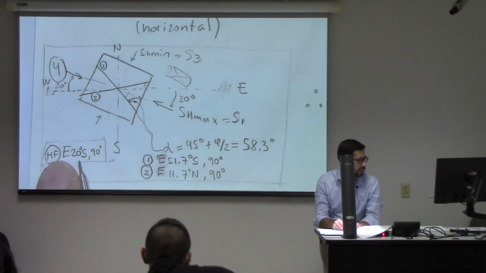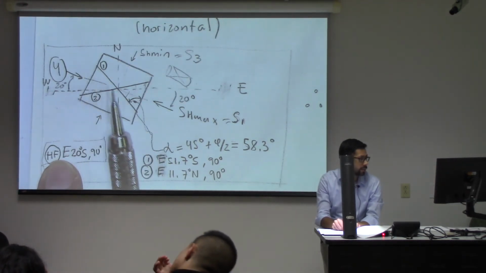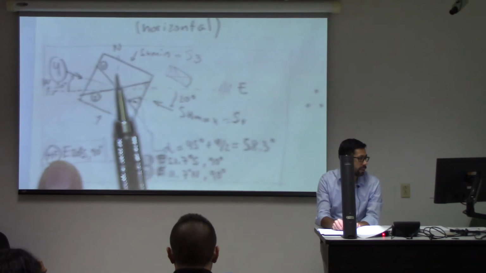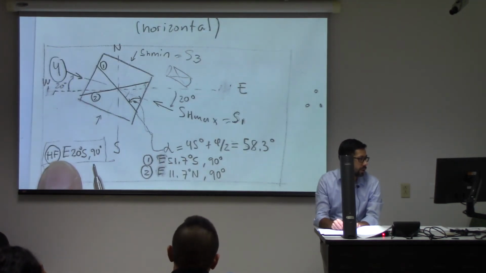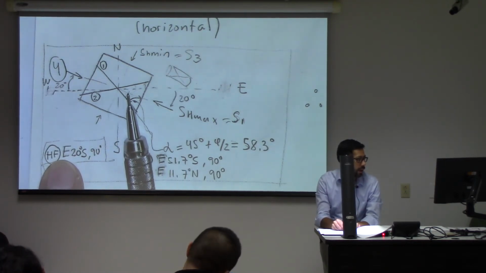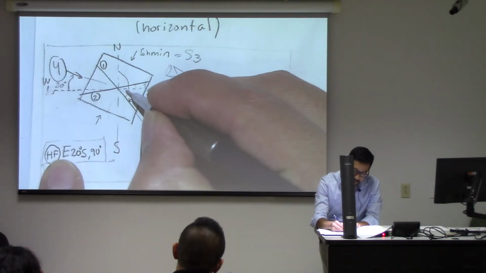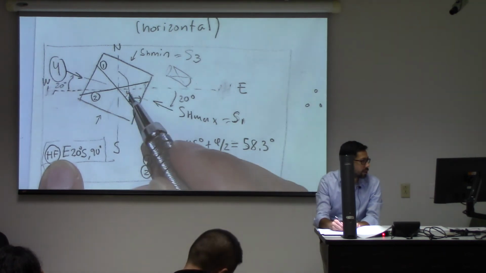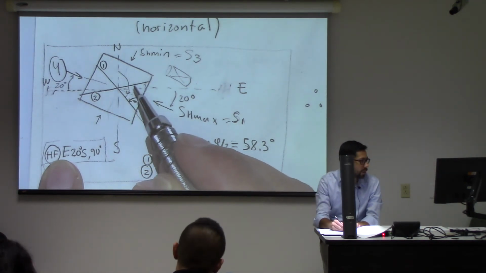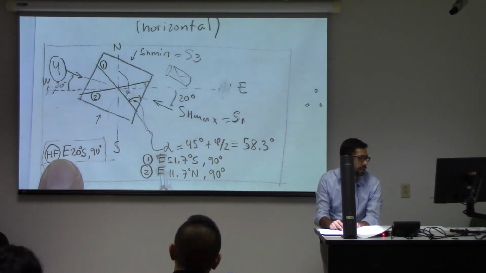The strike of the hydraulic fracture in this case is going to be that line, perpendicular to SH mean. So east 20 degrees to the south or west 20 degrees to the north. And this angle is going to come from adding to this angle over here. Either you subtract 31.7 or you add 31.7 and you get the strike.